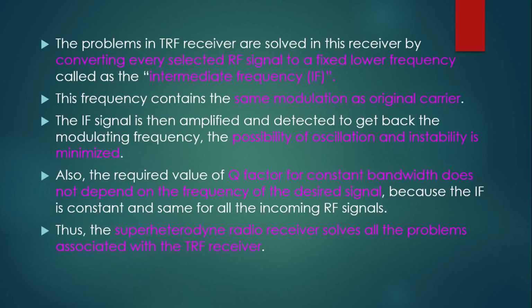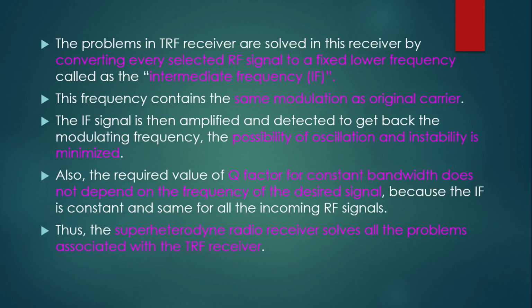But here, since the receiver is working at a single constant lower frequency, that is IF, the Q factor is constant and there is no change of Q factor, and there is a constant requirement of bandwidth. No change of Q factor with the incoming frequency.